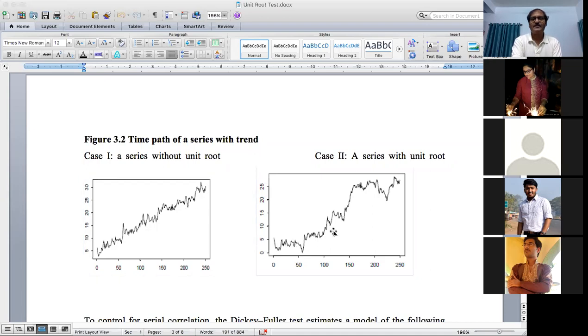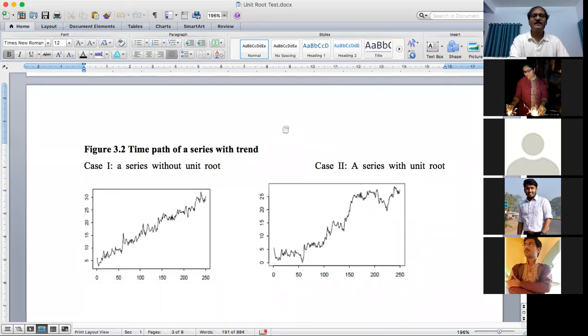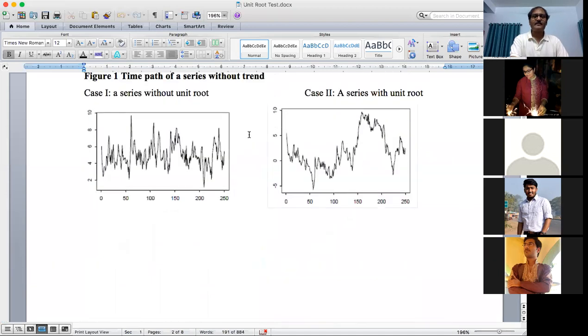So in both cases, the value of the variable moves up over time. Therefore, the values of the variable exhibit some kind of trend, which is visible. But in our earlier case, the trend was not visible.